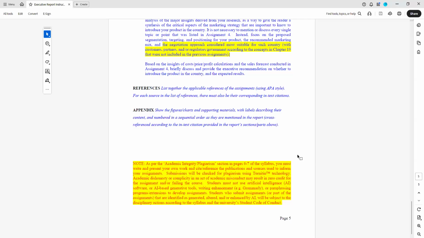Last but not least, please pay attention to the academic integrity and plagiarism rules and policies for this class. Your submission will be examined with Turnitin and, if necessary, other technologies.